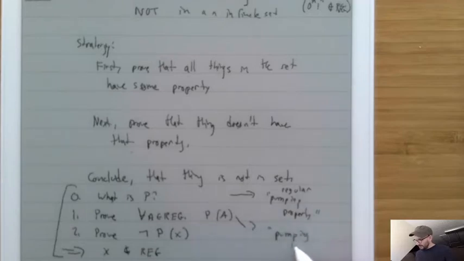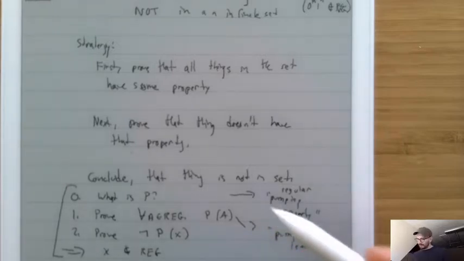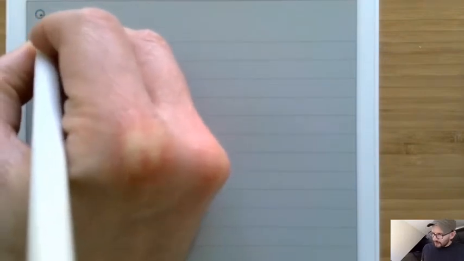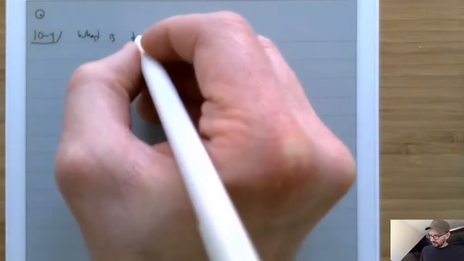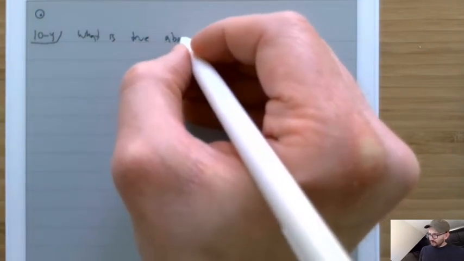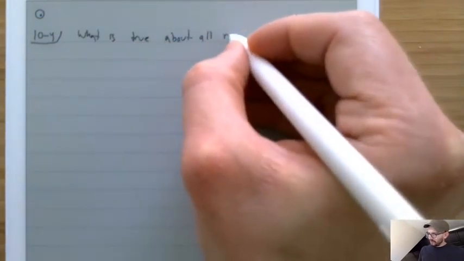You may have heard these terms before, or you may hear them in the future. This is what they're referring to: the pumping property and the pumping lemma. All right, so let's do it. Let's think about what is true about all regular languages.